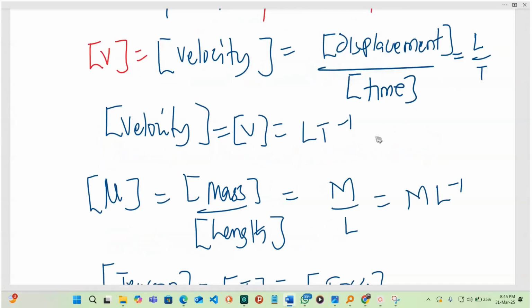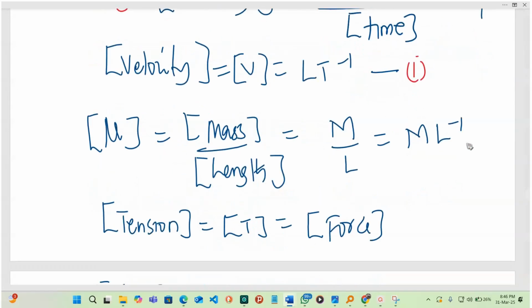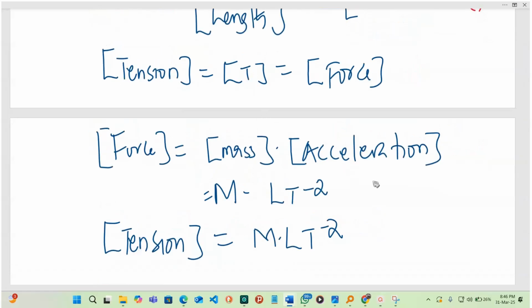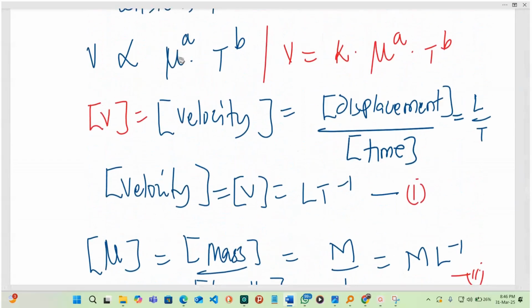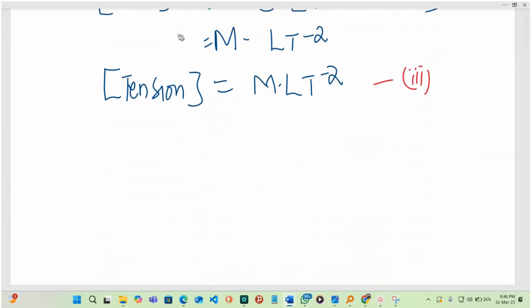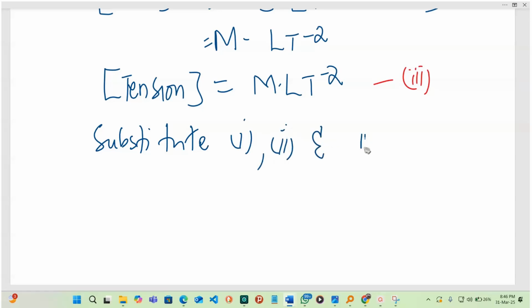So if I call this 1, this 2, and this 3, I'll substitute 1, 2, and 3 in equation star.